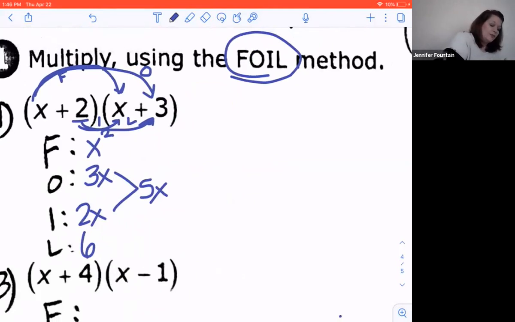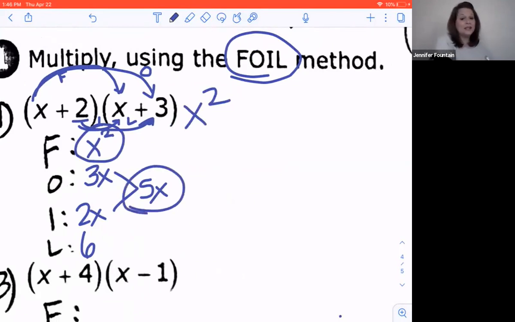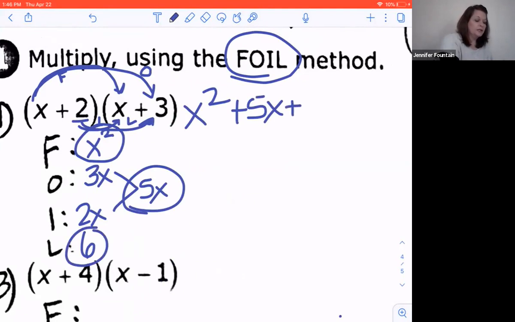I have x squared, plus 5x because it's positive, and plus 6. So there is my answer, x squared plus 5x plus 6. I multiplied first, outer, inner, last, combined my outer and inner, and written my answer.